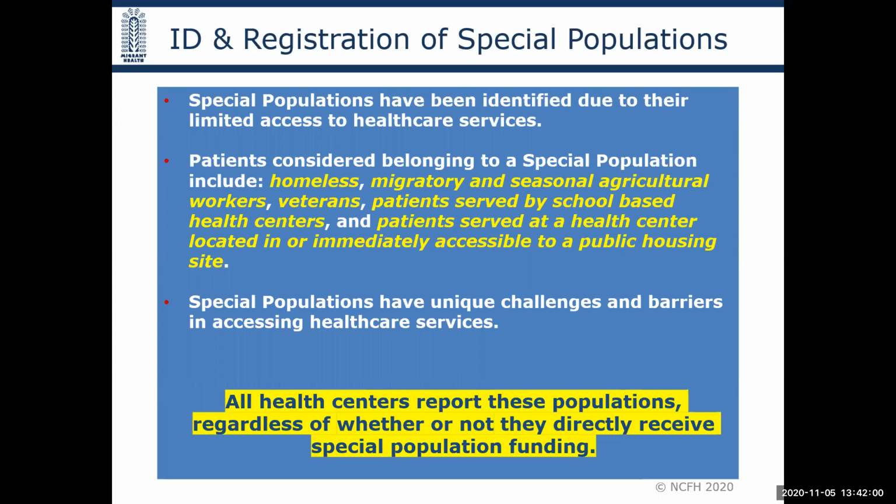So the federal government provides funding to support the provision of health services that specifically target these special populations. Today we're talking specifically about reporting for ag worker special populations, but it's important for you all to identify and report all of your special populations, not just ag workers.